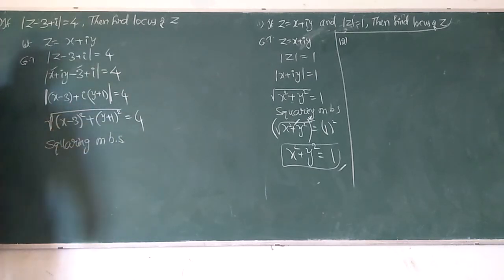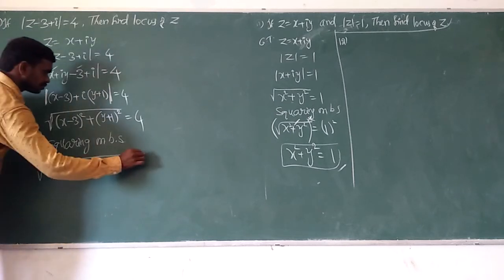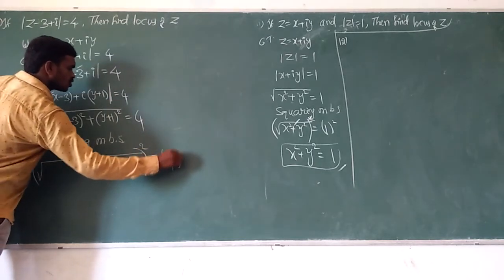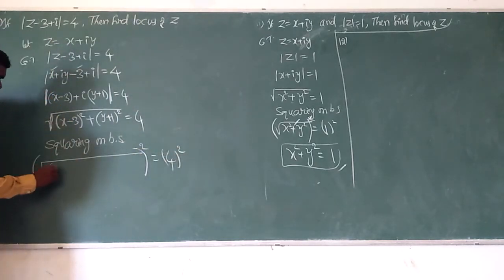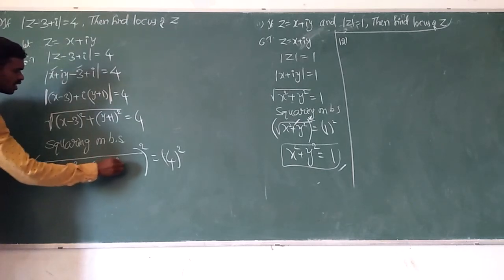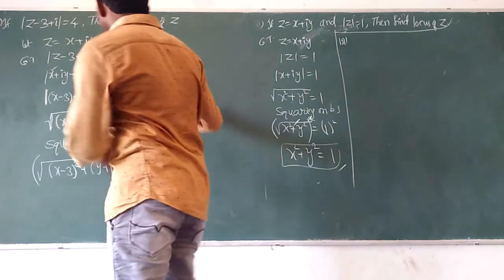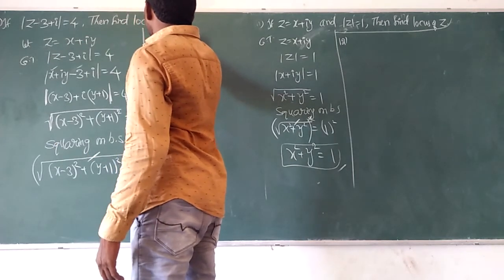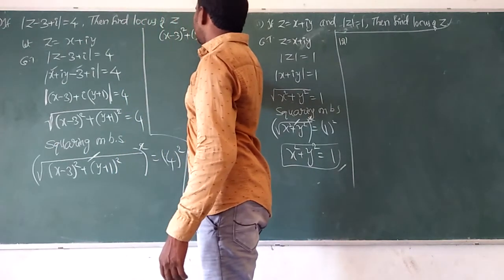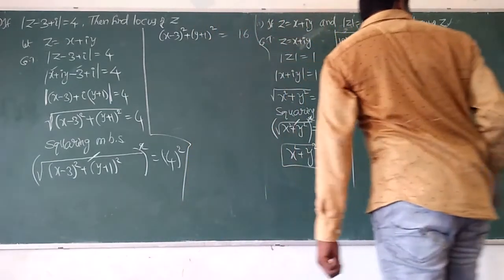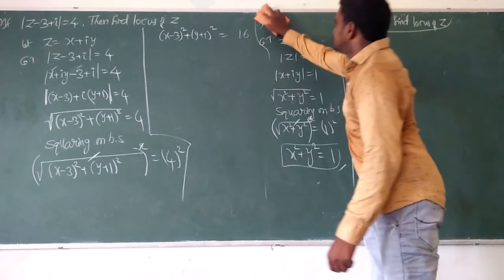After squaring, the square root cancels. x minus 3 whole square plus y plus 1 whole square equals 4 square, which means 16.